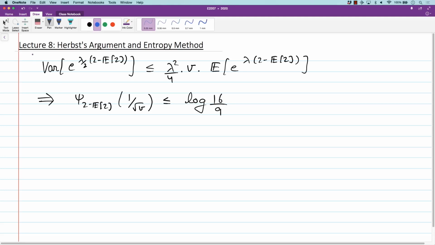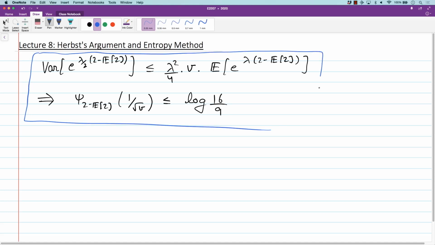That's something we saw, and this is sort of a functional inequality. Using this bound, we can obviously establish a concentration bound.